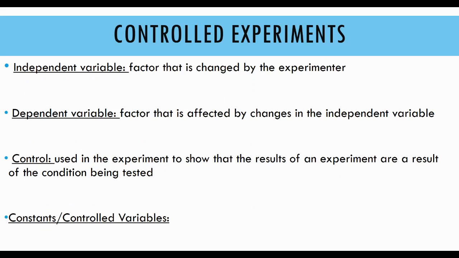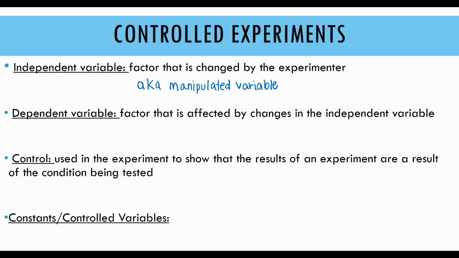There are different aspects of a controlled experiment. These are the independent variable. So this is a factor that is changed by the experimenter. It is also known as the manipulated variable because this is the one that you control. The dependent variable is a factor that is affected by changes in the independent variable.